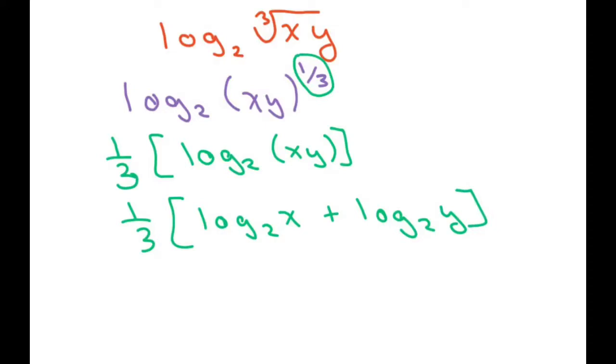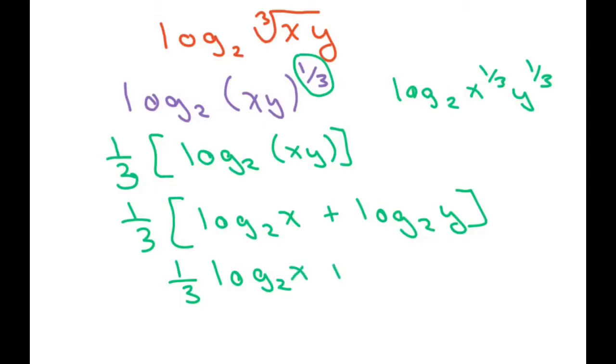If you want to distribute, or you could have written this as log base 2 of x to the 1/3 times y to the 1/3, you could have done it that way. But if you do want to multiply that through, you could. So that would be 1/3 log base 2 of x plus 1/3 log base 2 of y. I actually like this way better, but I guess it depends on your teacher.